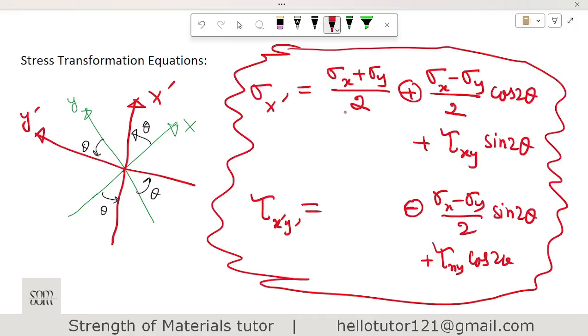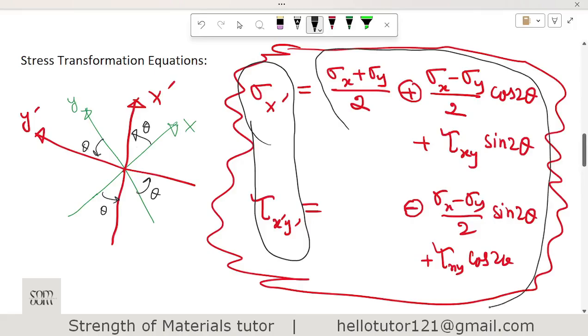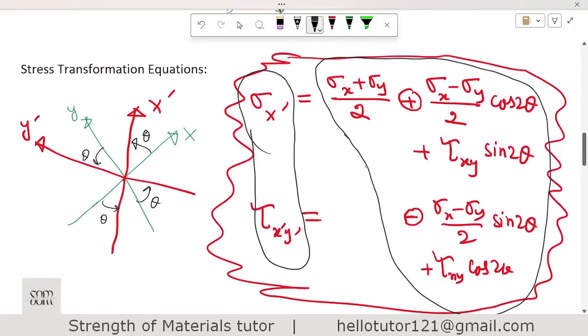Now what are these? We have two sides, the left side and the right side. The left side is the stresses on the rotated coordinate system, and the right side is the old coordinate system.